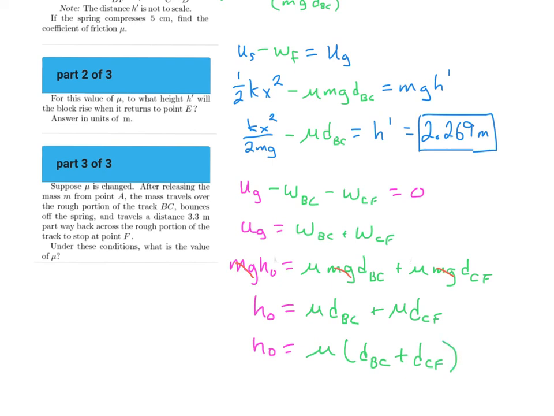And at this point, this should start looking very familiar because we kind of simplified and derived this on the last question. So our coefficient of friction mu is going to be a ratio between the height that the block starts divided by the total distance that it ends up sliding. It just happens that it slides two separate distances, but it's still over the distance that the block has to slide to come to a stop.